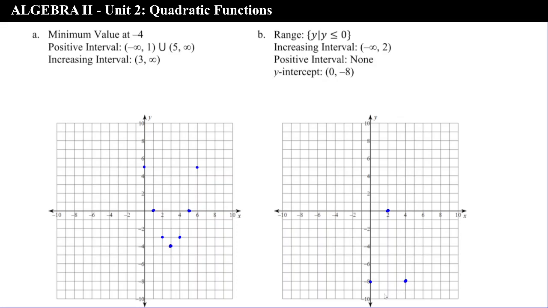Well, let's do a quick analysis. If we go over 2, we're going down 8 instead of 4. Well, this is what happens when you have a stretch. When you have a stretch, you're going to take whatever that factor is, and you are going to stretch the y by that factor, but not the x, okay?